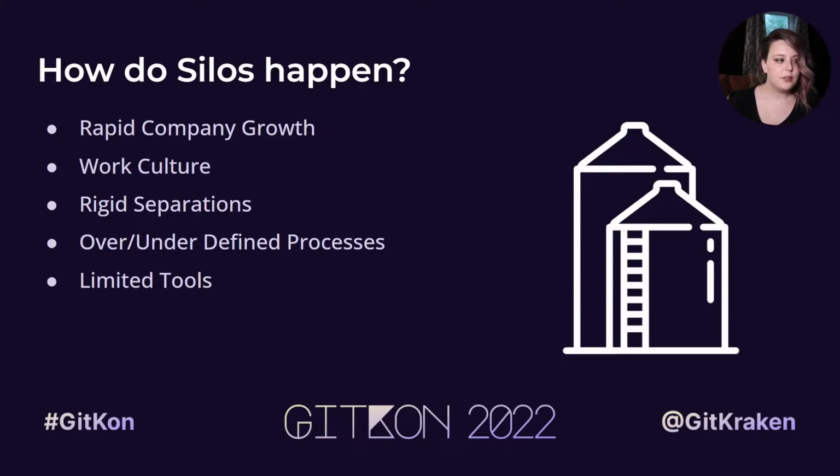So how do silos happen and what are they? A silo happens when a company or a team has pockets of people and resources that are working independently together, but not necessarily with other resources and people across the rest of the project flow.